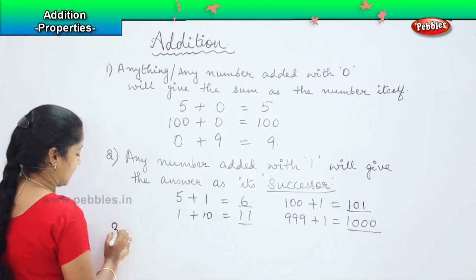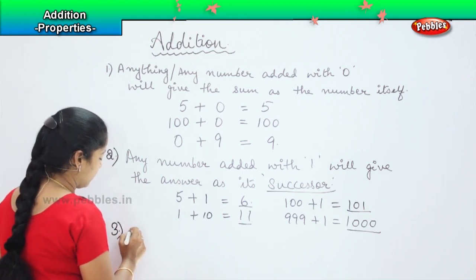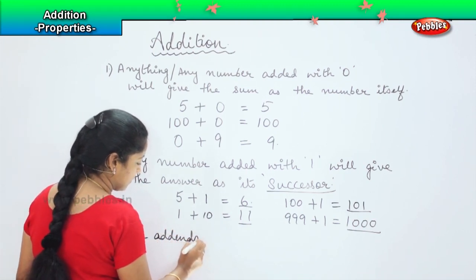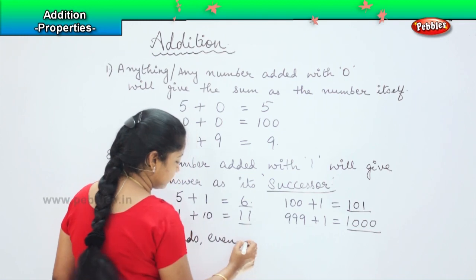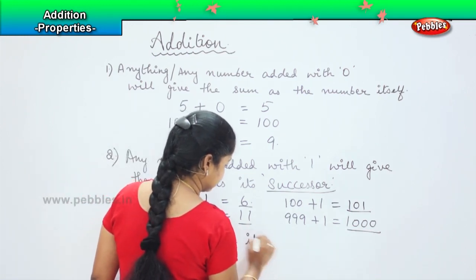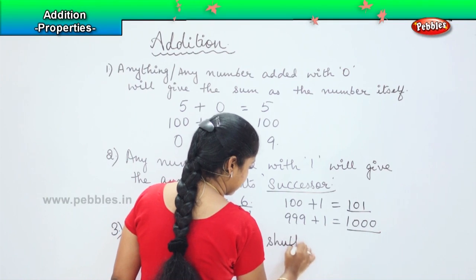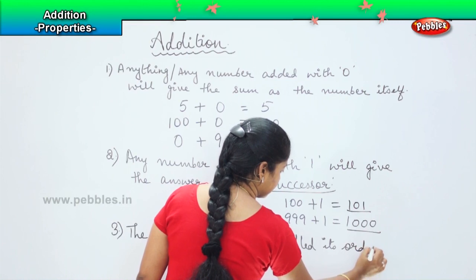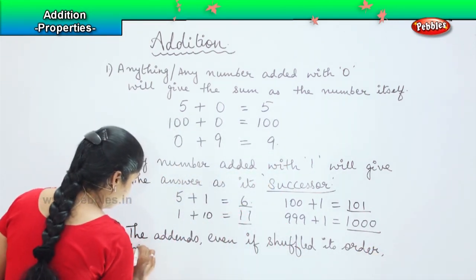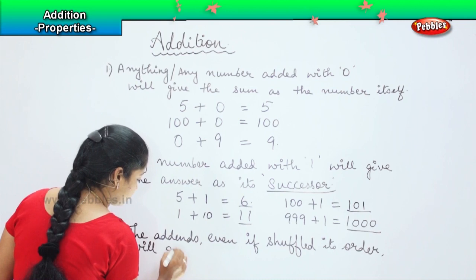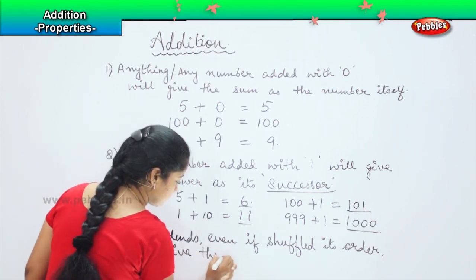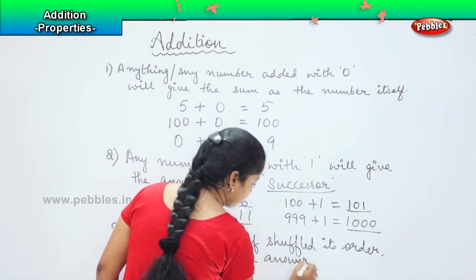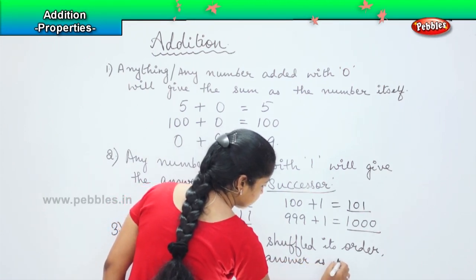The next property says the addends, even if their order is shuffled, will give the same answer as the sum.